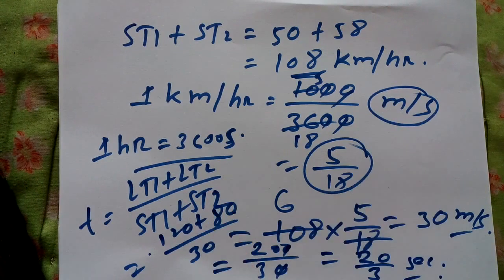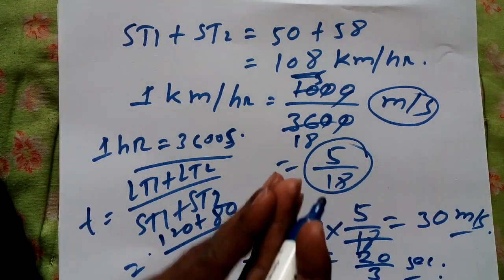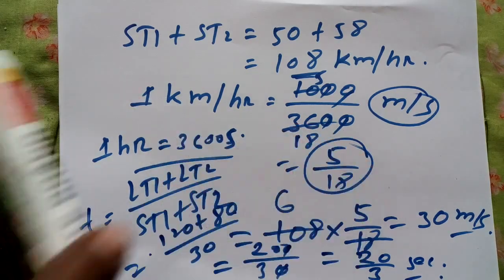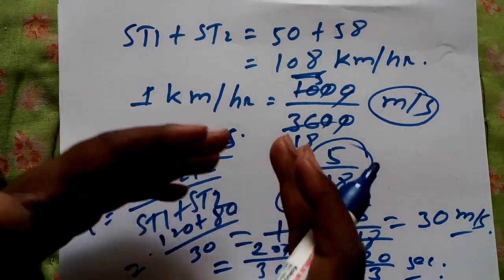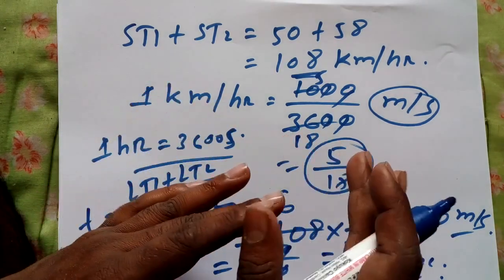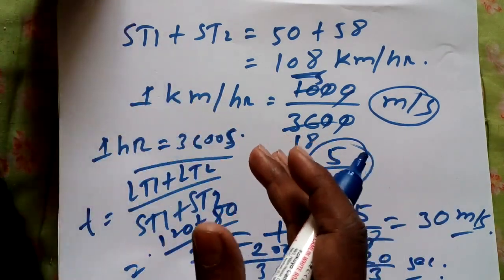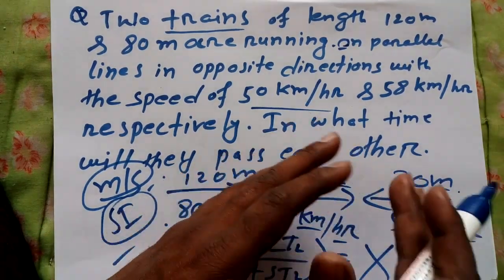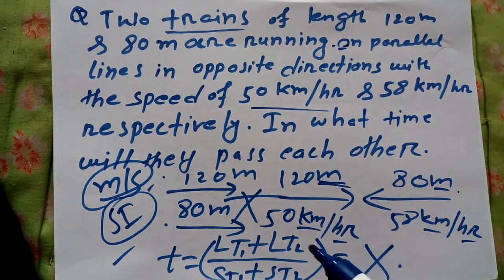I hope you got the concept. First we need to find out what is given in the question. If we can find out what is given, then we can come to know what we need to find out. First I try to find out what is given, then what I need to find.